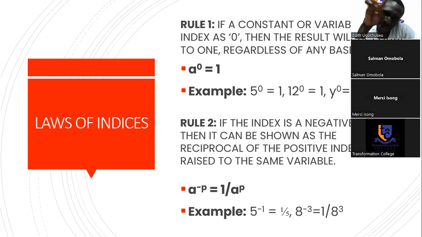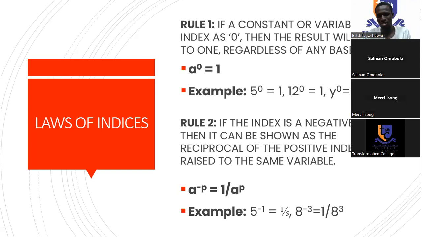Whenever you have anything raised to a negative power, the reciprocal is usually 1 over. So that's why I'm saying 1 over a raised to power p. You see the illustration, 5 raised to power minus 1 will become 1 over 5 raised to power 1. 8 raised to power minus 3 will become 1 over 8 raised to power 3.